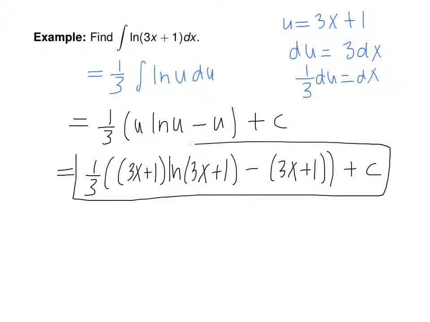Now, sometimes this technique must be performed repeatedly to antidifferentiate a function. So here's an example. Let's let u equal t squared. Du will equal 2t dt.